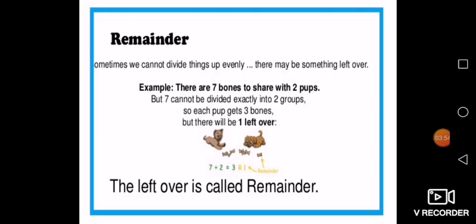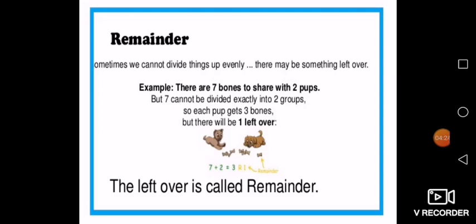Here we have taken one example. There are 7 bones to share with 2 pups. But 7 cannot be divided exactly into 2 groups, because 7 does not come in the table of 2. Now 7 is going to be divided by 2.